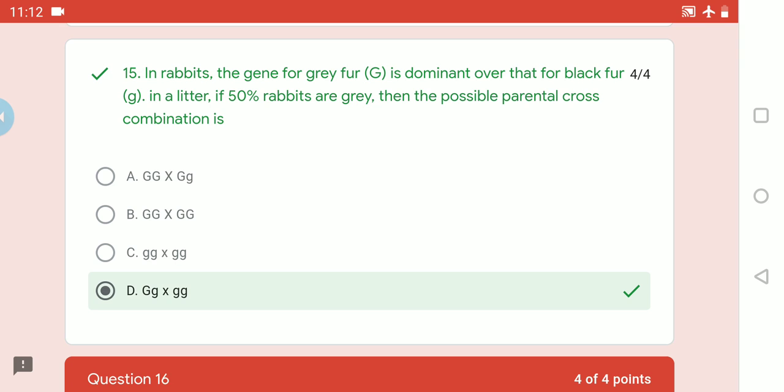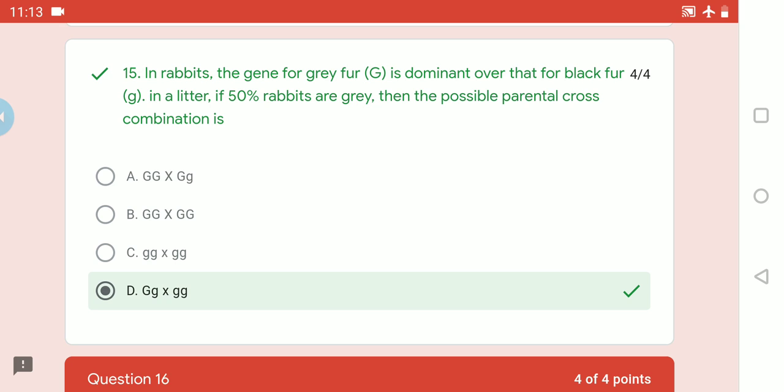In rabbits, the gene for grey fur, write down, is capital G, dominant over the black fur, small g. In a litter, if 50% of the rabbits are grey, then the possible parental cross combination is, this is nothing but a test cross.